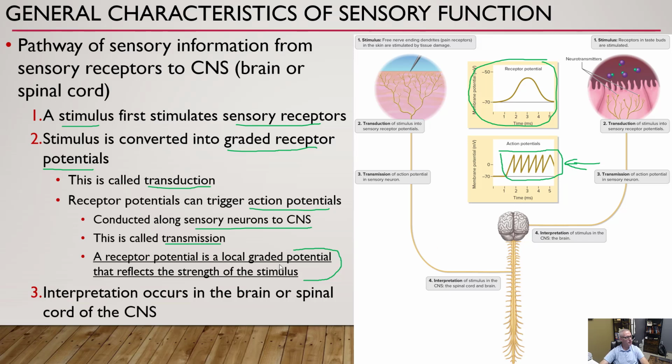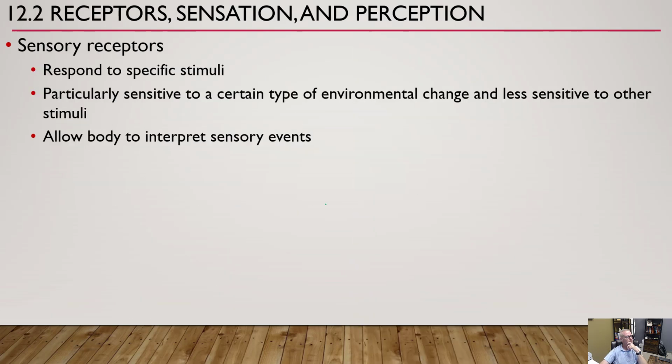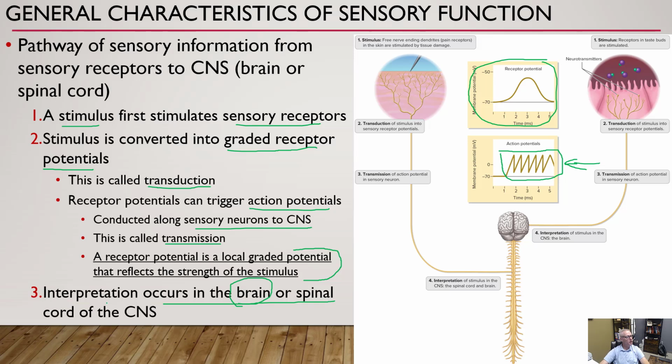And then, of course, as we know, everything goes to the brain or spinal cord, the central nervous system. But when we talk about our special senses, actually we'll see that everything goes to the brain. All right, so sensory receptors. And I guess let me back up.